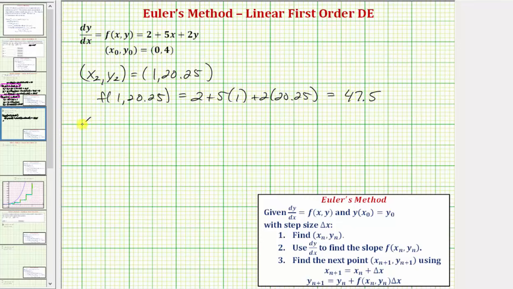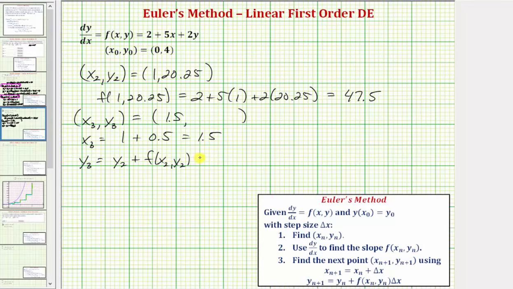So now we can find x sub 3 comma y sub 3, where again x sub 3 is equal to x sub 2 plus delta x, which would be 1 plus 0.5, which equals 1.5.